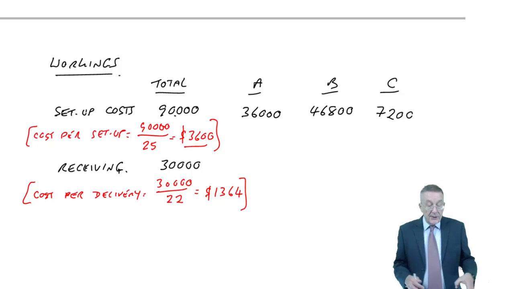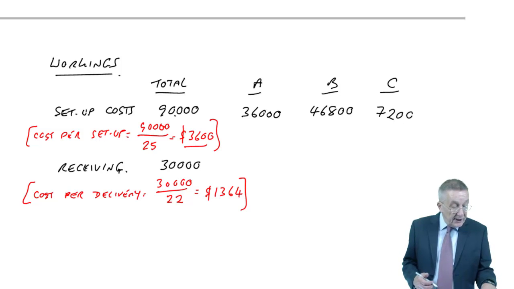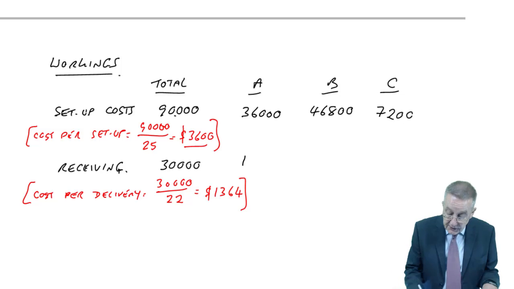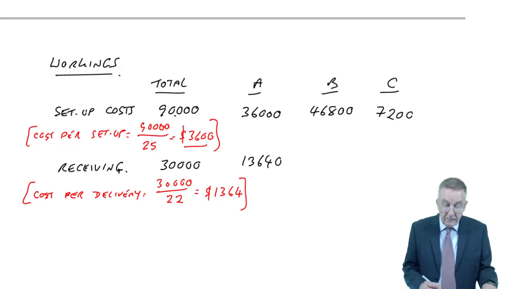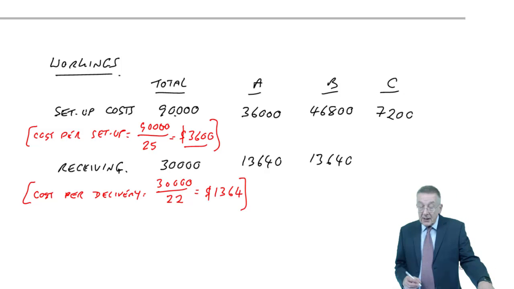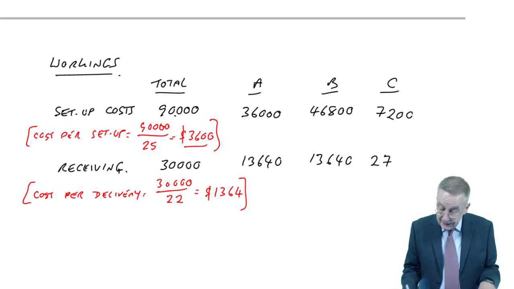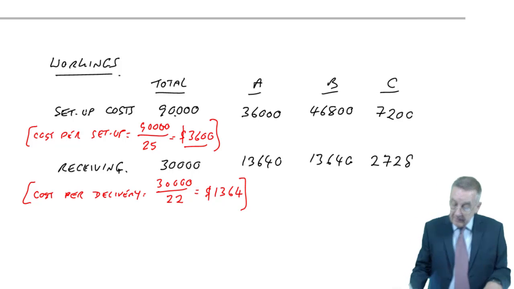I've rounded it, and so now let's charge it to the products. A, there are 10 deliveries, so 1,364 times 10 is 13,640. B, 10 deliveries, 13,640. C, 2 deliveries, 2 times 1,364 is 2,728.